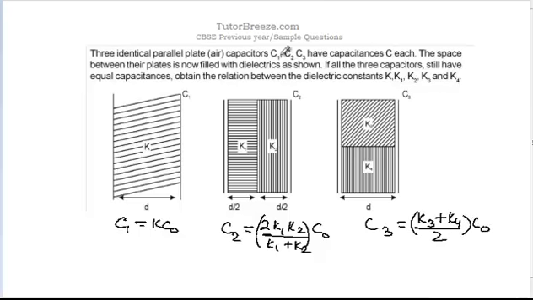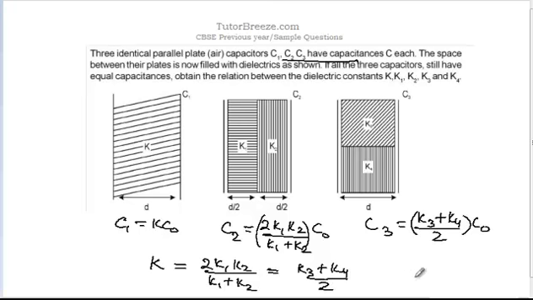Now the question says that all these three capacitances are equal. So if all these three are equal, which means K would be equal to 2 K1 K2 by K1 plus K2, which is further equal to K3 plus K4 by 2.